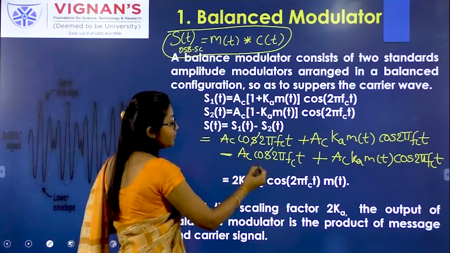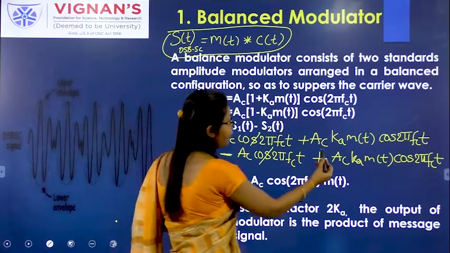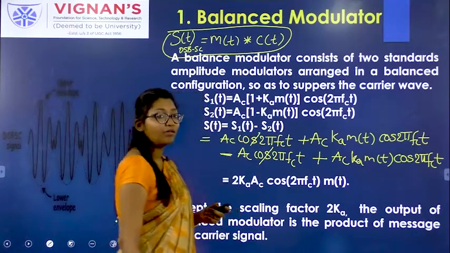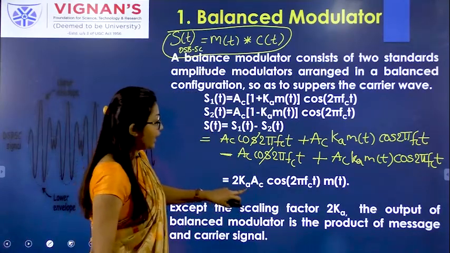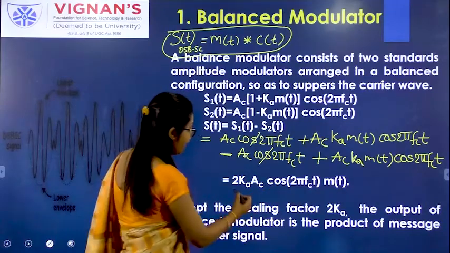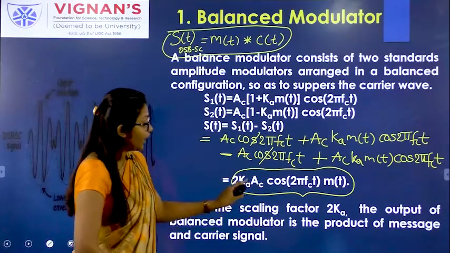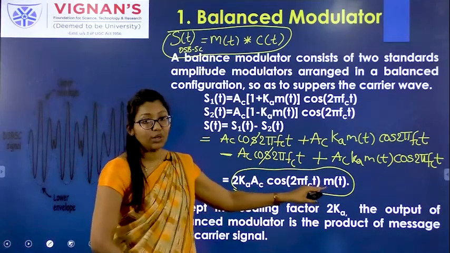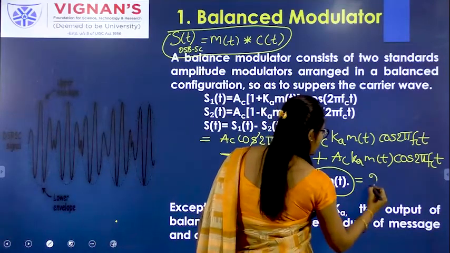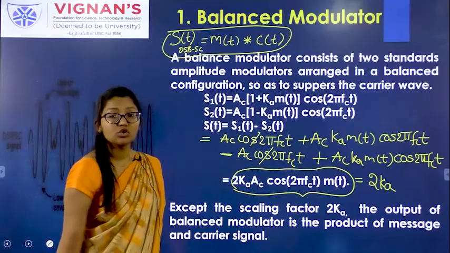AC cos 2 pi fct minus AC cos 2 pi fct, both will cancel each other, and finally you will have AC Ka m of t plus AC Ka m of t. So 2 Ka AC cos 2 pi fct into m of t. This is the final output you will be getting, right? From this you can write 2 Ka, and what is AC cos 2 pi fct?